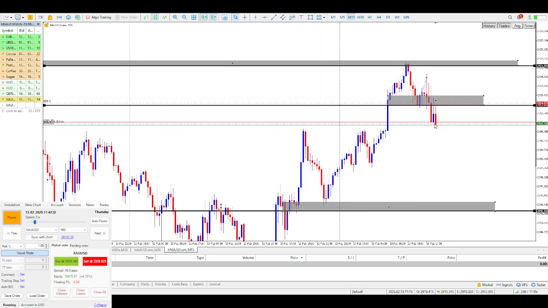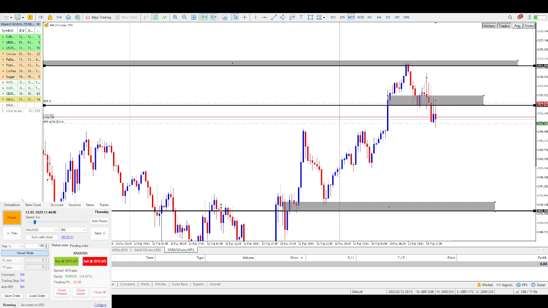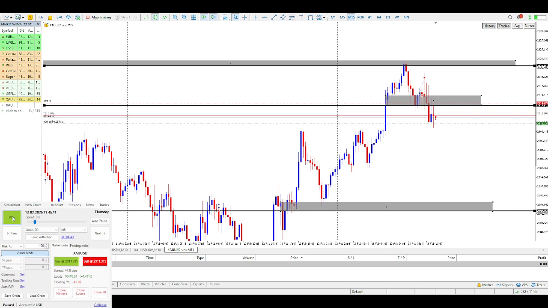The first condition is for this M15 to close below this support. The M15 is pulling back. So that can't be a good trade. Close it.